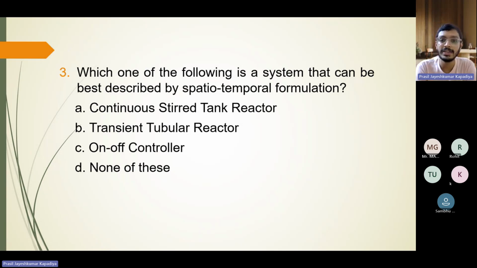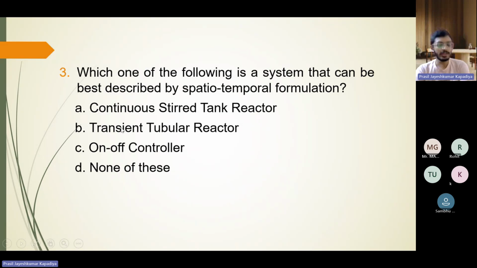Space means with coordinates x, y, z, and temporal means with time. So which of the following systems can be best described by space as well as time? When we write the mass balance of a continuous stirred tank reactor, it is just with time, right? Let's say I'm writing dCA by dt is equal to K into Ca. There is no term of space in the CSTR.